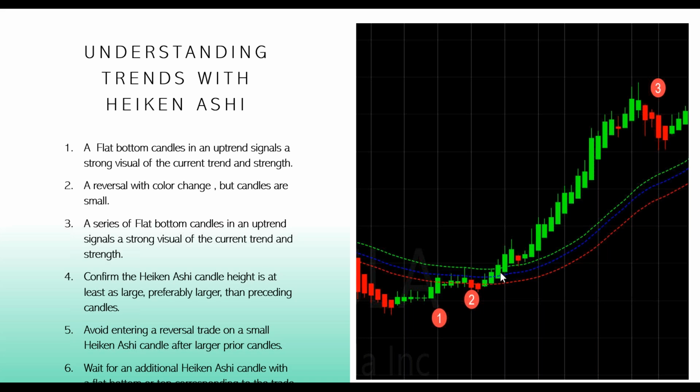Now we get reversals, and we're starting to stack green candles with flat bottoms. That's the reversal into the trend that you want to be in. If you're in a nice trend like that, as long as you haven't hit your stop, which is the level you use as an entry level, then you're in good shape. If you come in right here, this would be your stop down here. You're okay with that, and you can stay in this trade. And you notice how you get these stacked candles.